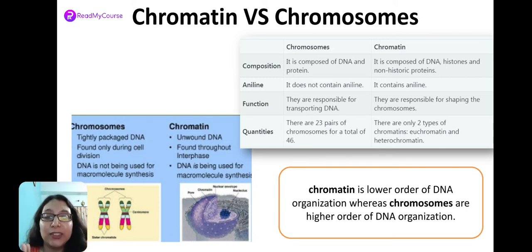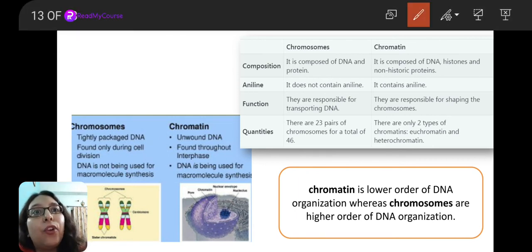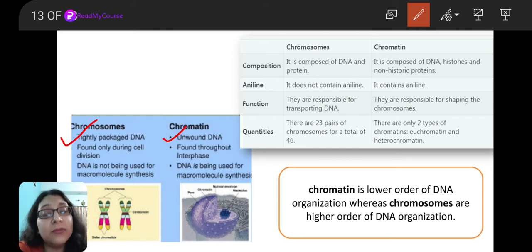Moving on to the next slide, a very important thing that I am trying to explain to you from the beginning of this session, chromatin and chromosomes. So, what is chromatin? Chromatin is basically the unwound DNA. That is the uncoiled form of DNA, right? And what is chromosome? That is the tightly packaged form of DNA. Now a question can arise that when do we find chromatin and where do we find chromosomes? So when a cell is in the resting phase, that is, it is not replicating, it is not undergoing any kind of division.